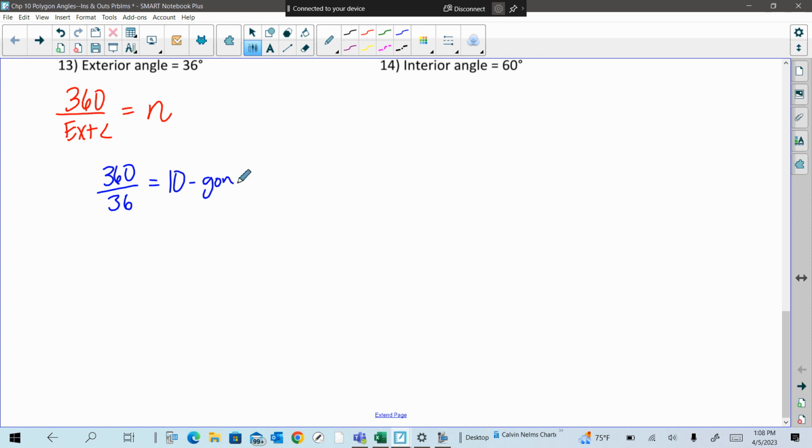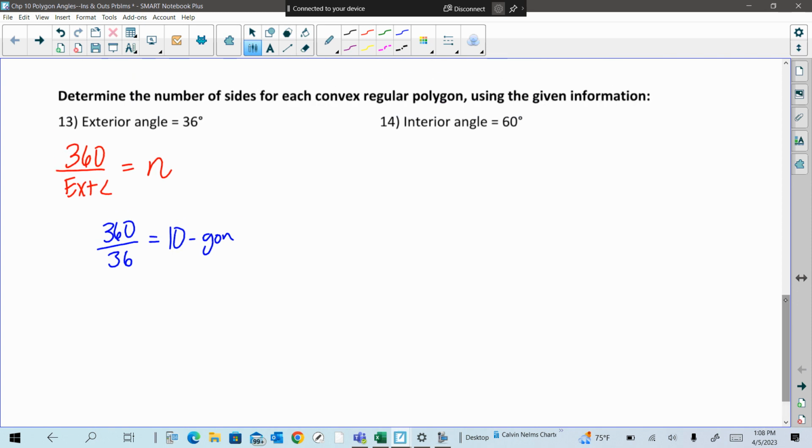Now, 14 says find the number of sides, but I'm telling you the interior angle. To get to my n, I need which part? No, n is the number of sides. I'm trying to get to the n. In the formula that we just put in a box, I need the exterior angle, right? So I don't have the exterior angle here, but I could calculate it.